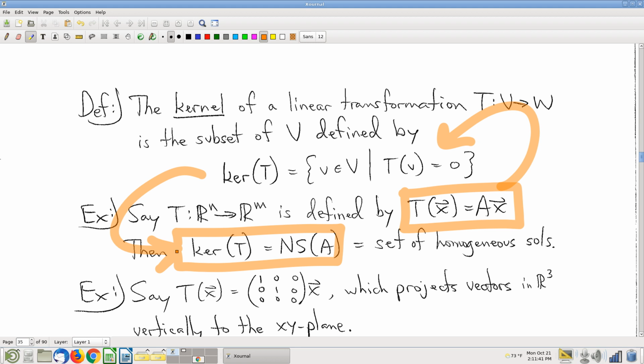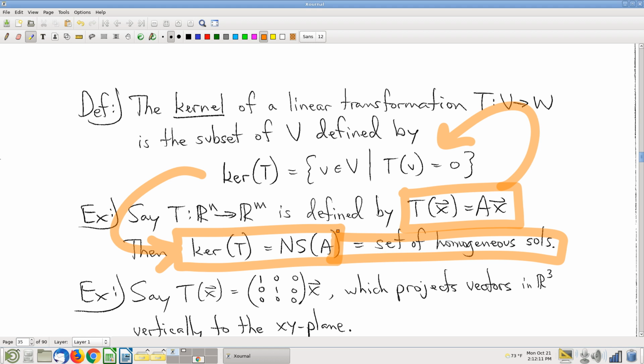The set of vectors that when you multiply by a given matrix give you 0. That's the null space. Or said differently, it's the set of homogeneous solutions, as we would have said back in chapter 1. So we now have three different points of view on the same idea. In chapter 1, we said set of homogeneous solutions. In chapter 2, we said null space. And now here in chapter 5, we're saying kernel.